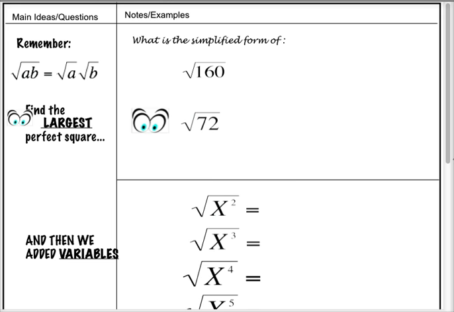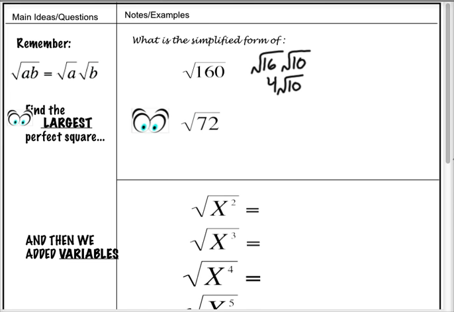The first number you got to was 4. And you're right, 4 definitely does divide 160. However, there's actually a bigger one, a better one. We can pull out a 16 from that 160. And so now, when we take the square root of the 16, we get 4. So its simplified version would be 4 square roots of 10.